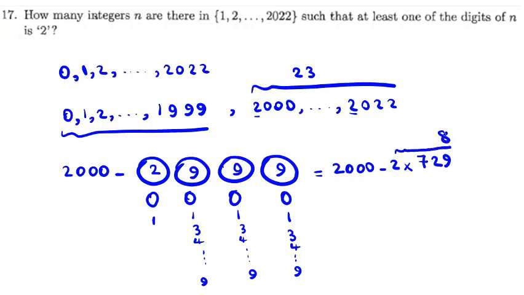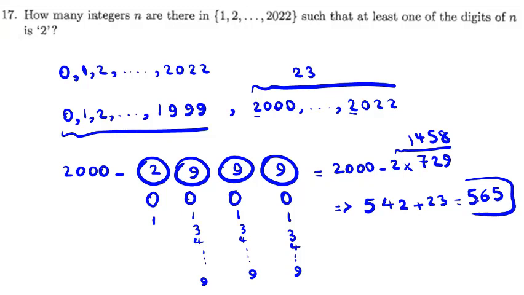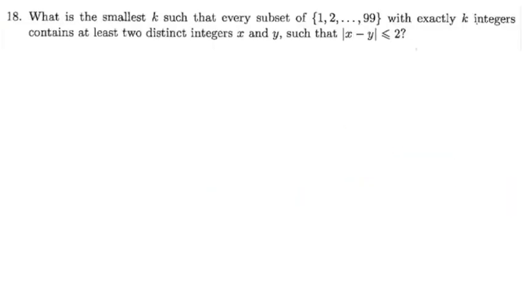And if we calculate, 2 times 9 is 18, 2 to 4 plus 1, 5, 2, 7, 14. Okay, if we subtract, 10 minus 8, 2, 9 minus 5, 4, 9 minus 4, 5, and 1 minus 1, 0, and then we add 23 here. So 3 plus 2, 5, 2 plus 4, 6, 5. So the answer of this problem is equal to 565.